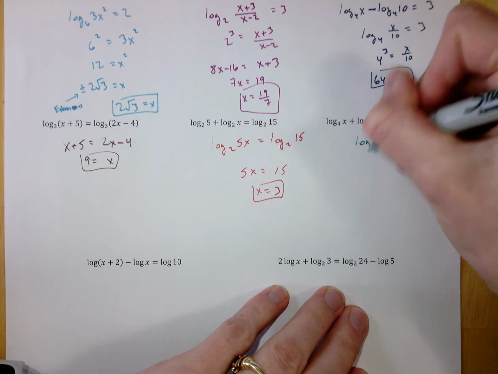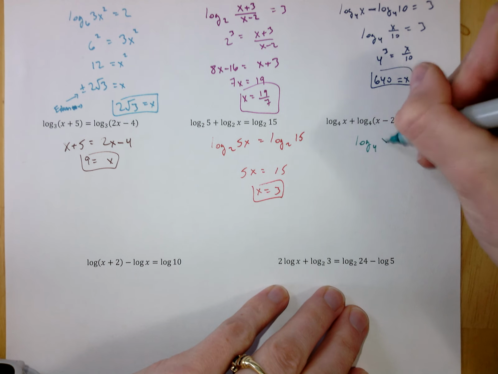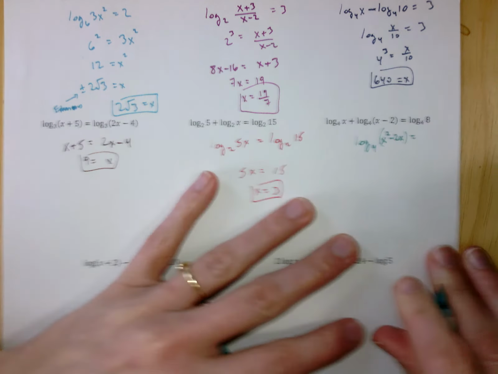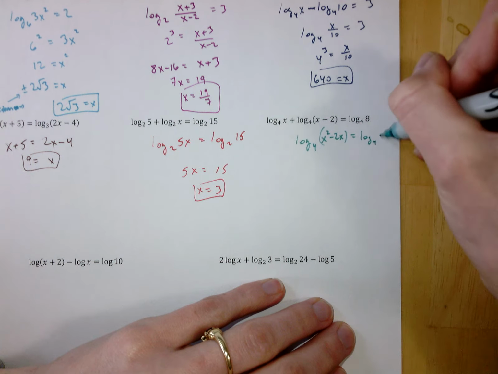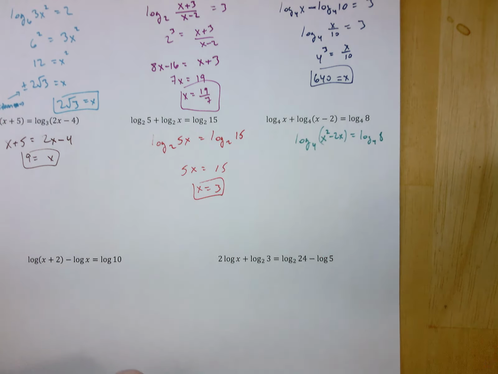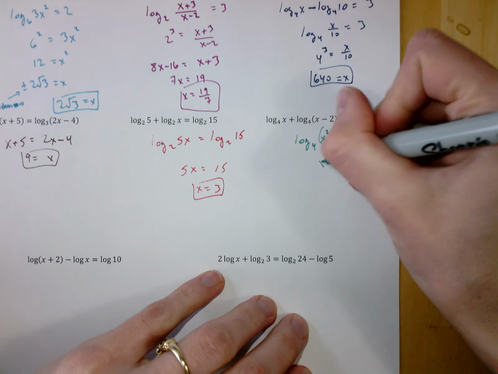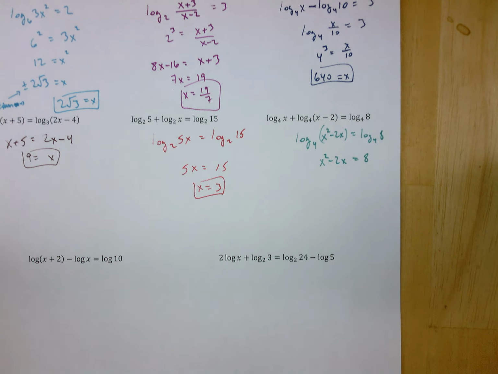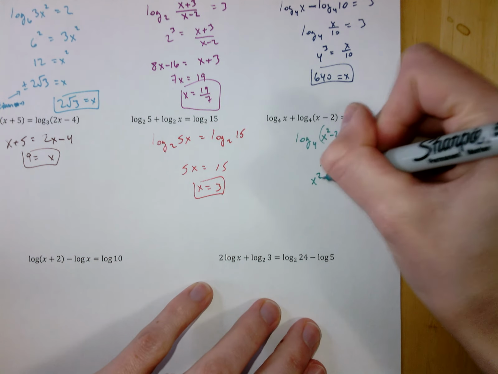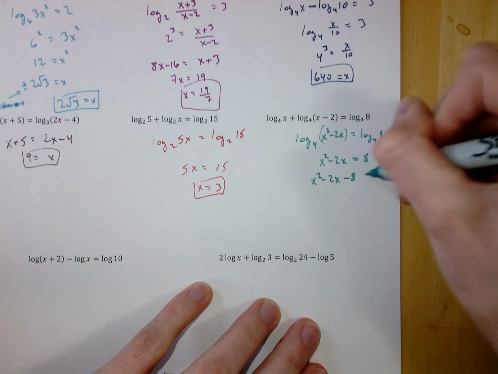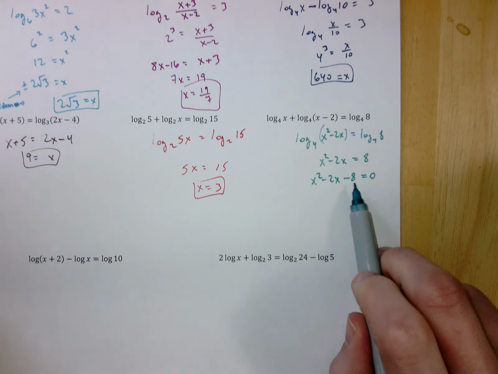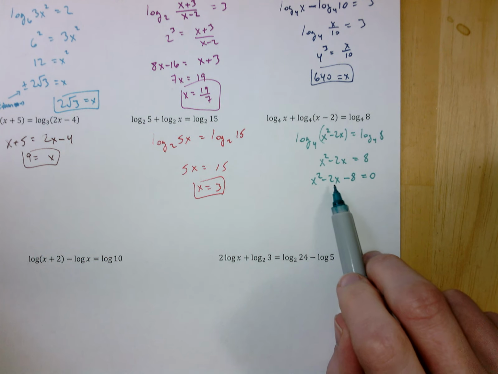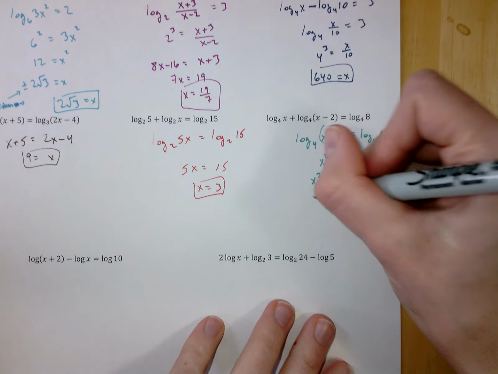So I'm going to make this log base 4 of x squared minus 2x equals log base 4 of 8, which means that x squared minus 2x must equal 8. And look, it's our good friend, the quadratic. So can I factor it? Two things that multiply to negative 8 and add to negative 2. Negative 4 and positive 2, right?